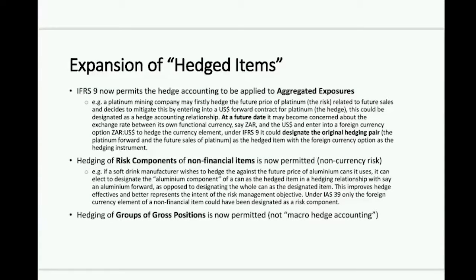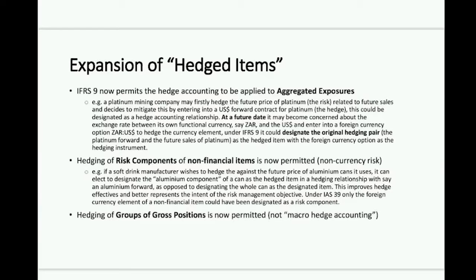So now what is permitted under IFRS 9 is you could take the first hedging pair, which is your future sales transaction, together with its hedging instrument, which is the future platinum price that you fixed, and you could take that pair and treat it as a hedged item for the second hedge, where you now have your ZAR dollar forward or FX option, which is fixing the exchange rate between South African rand and the US dollar.